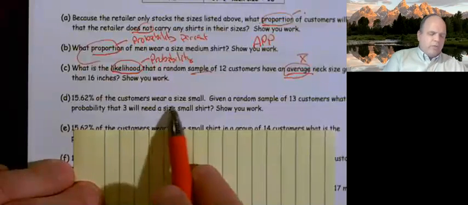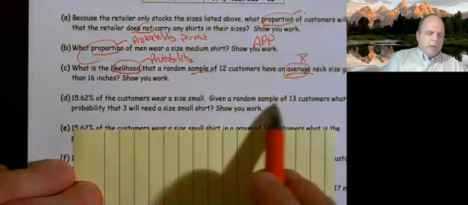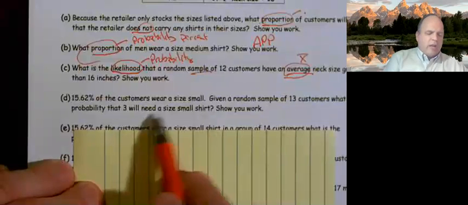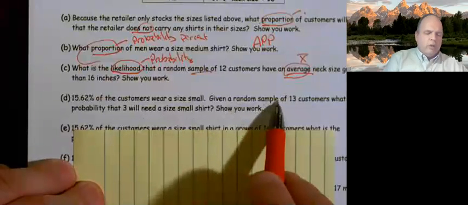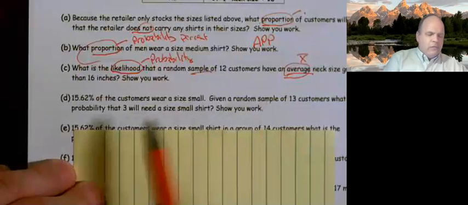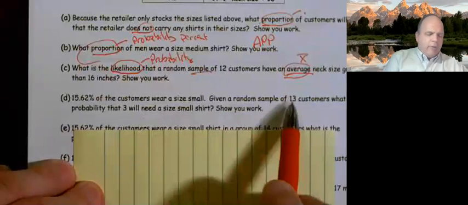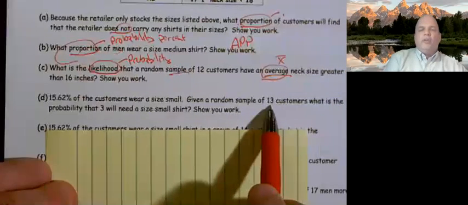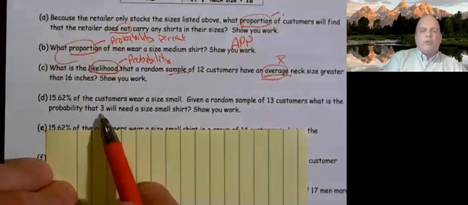15.62% of the customers wear a size small. Given a random sample of 13 customers, what's the probability that 3 will need a size small shirt? We have a sample of 13, and we need specifically 3.